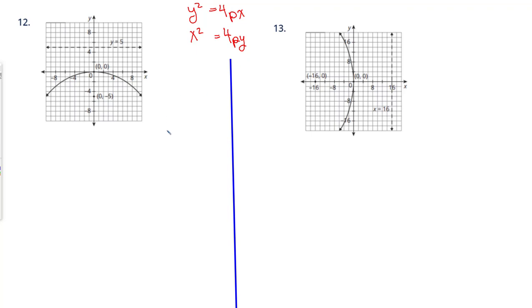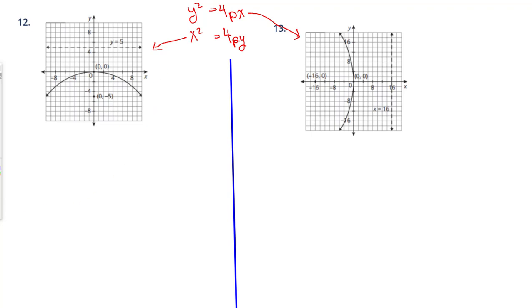So how do I know if it's going to be an x squared or y squared? Which way it opens, the concavity. So which one is when it opens up and down? X. And the Y is when it opens left and right.